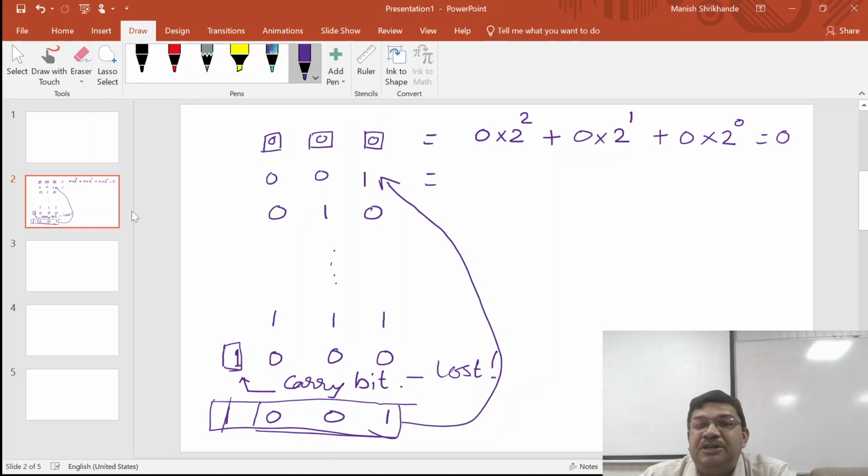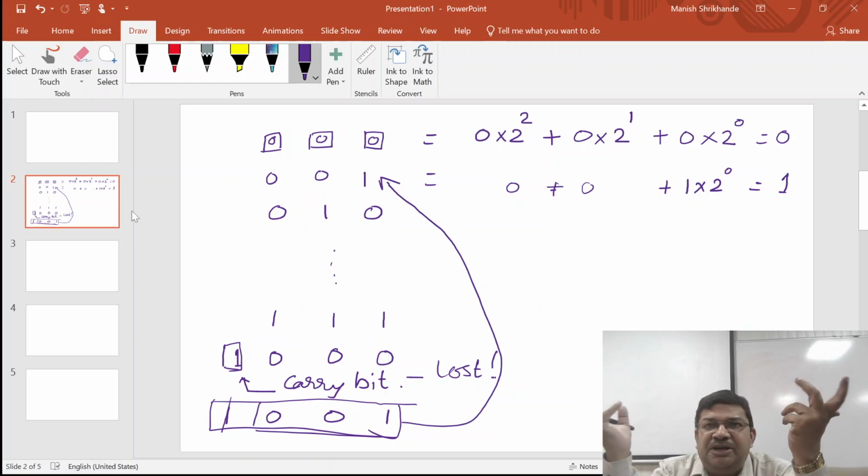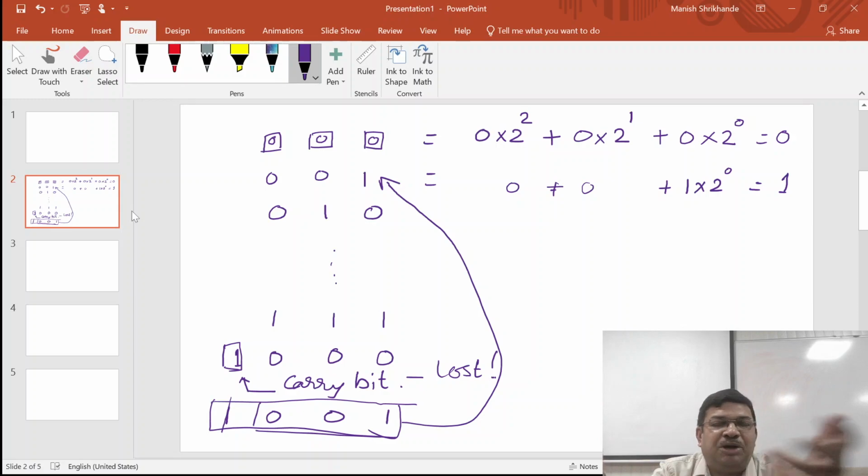Similarly, this one, 0, 0, 1, is equal to 1 multiplied by 2 raised to the power 0, and this is equal to 1, and so on it goes. So essentially, positional notation, same thing as you did in primary school mathematics, albeit using decimal numbers, face value, place value. You are doing it in binary numbers. Instead of powers of 10, you write in terms of powers of 2. That's all.